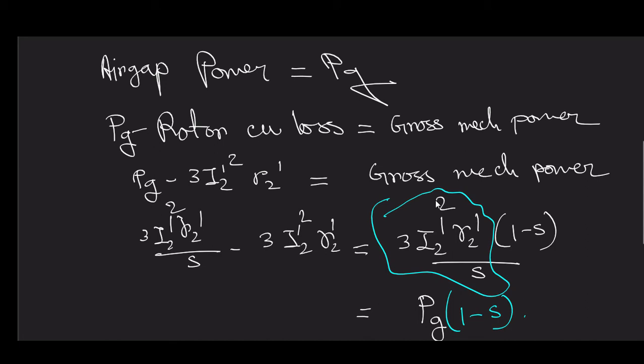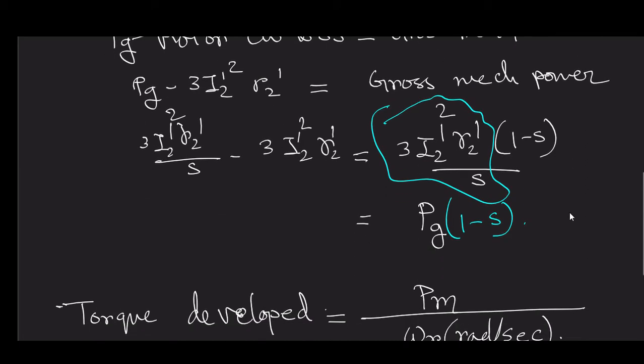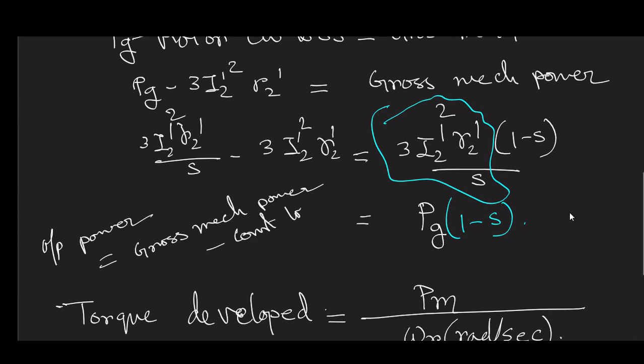So if your friction and windage loss is mentioned, and you subtract it, the output power will be this gross mechanical power minus your constant mechanical losses.